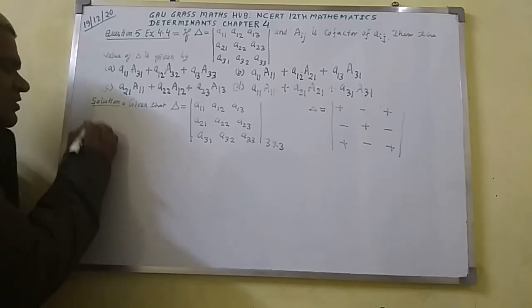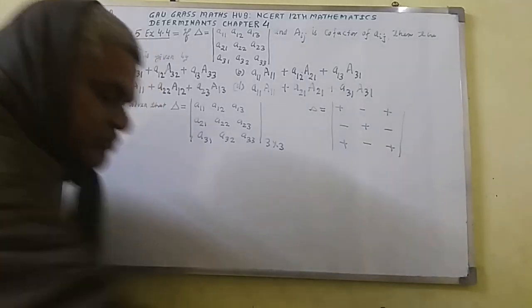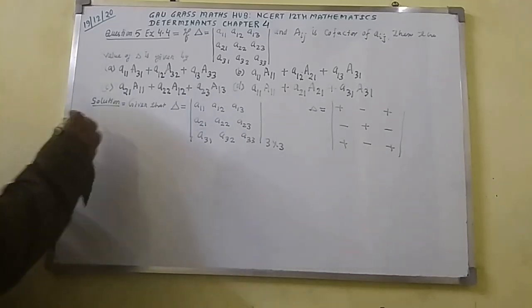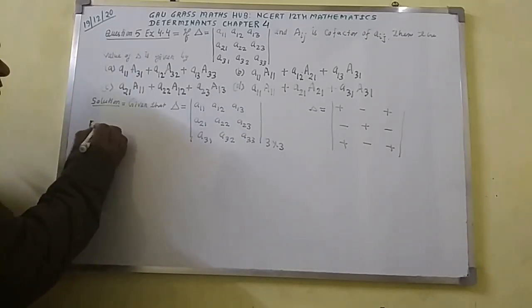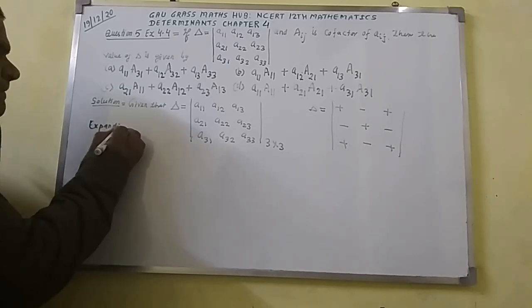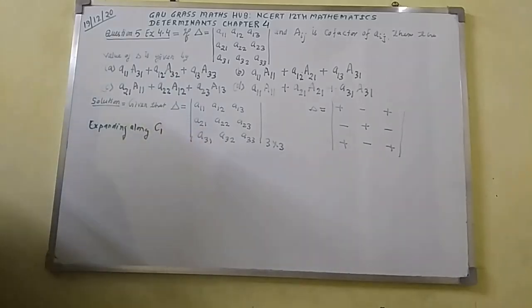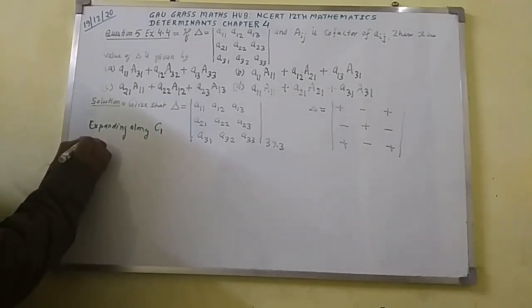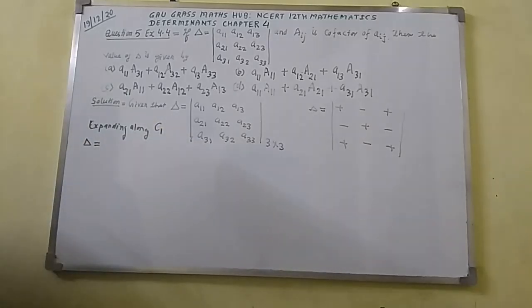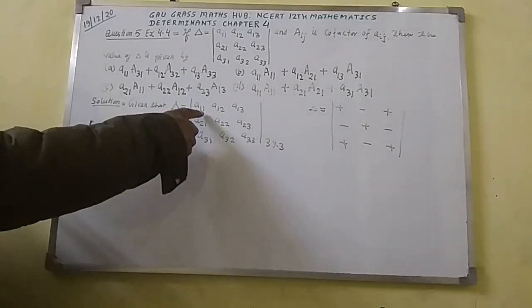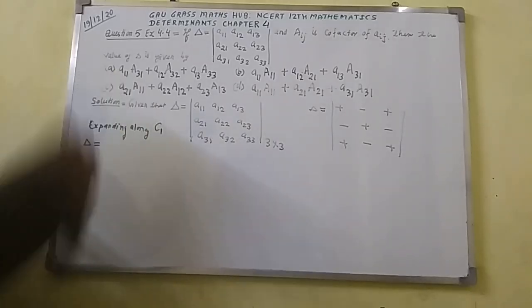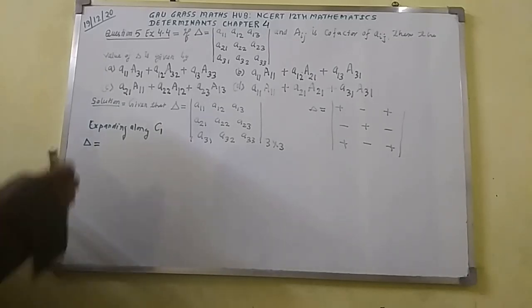So here I shall write expanding along C1. Expanding along C1, let us see what happened. Delta equals, the elements of C1 are a11, a21, a31.